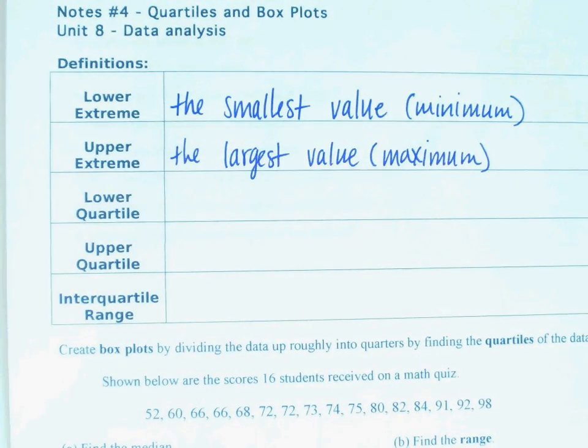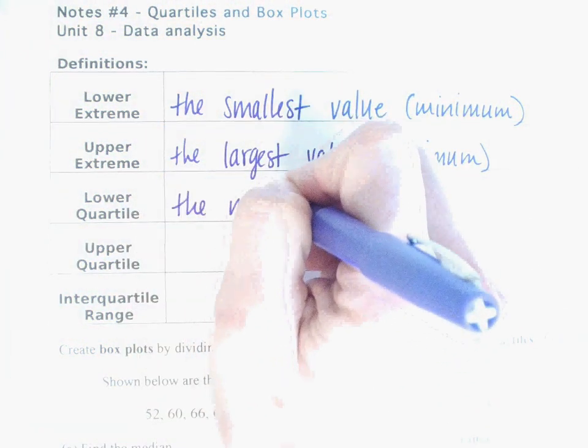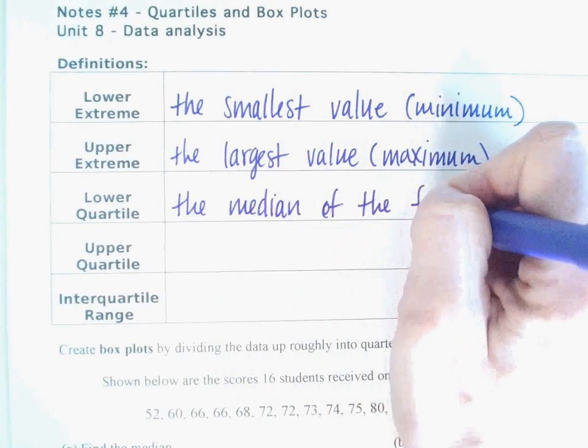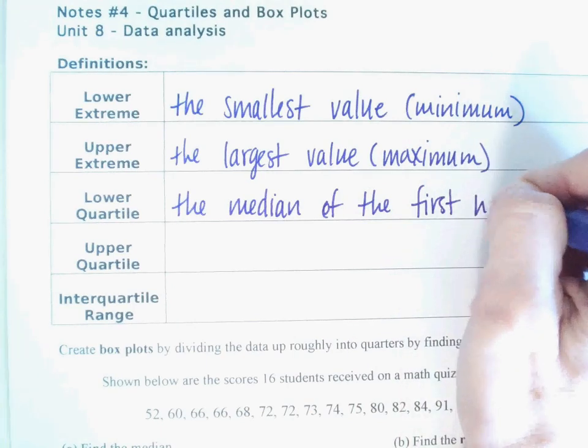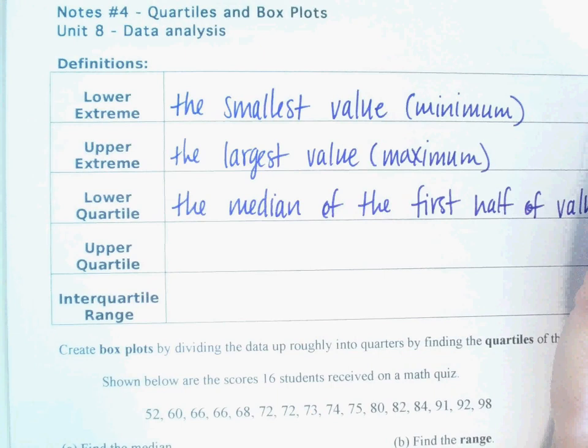There's something called the lower quartile. This is the median of the first half of values. Also known as Q sub 1.